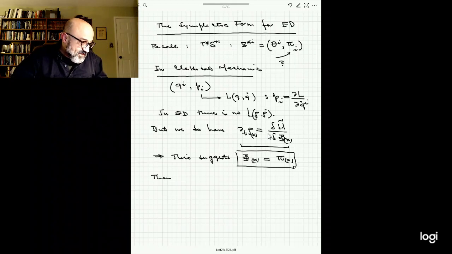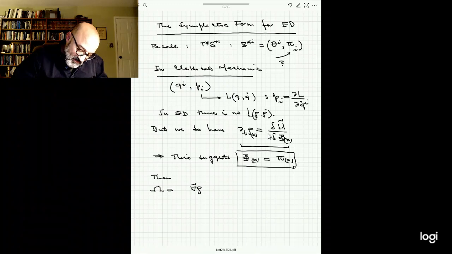We'll say, therefore, we're going to invent our symplectic form as being the gradient of rho and the gradient of phi.